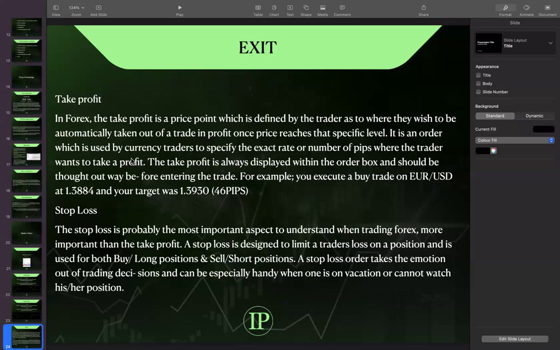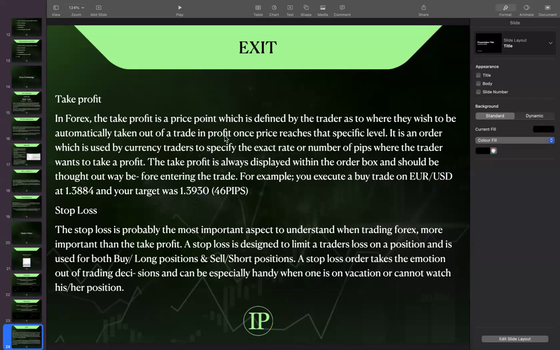Okay. So a take profit, also known as a TP. In Forex, the take profit is a price point which is defined by the trader. So you choose the take profit as to where you wish to be automatically taken out of the trade in profit.